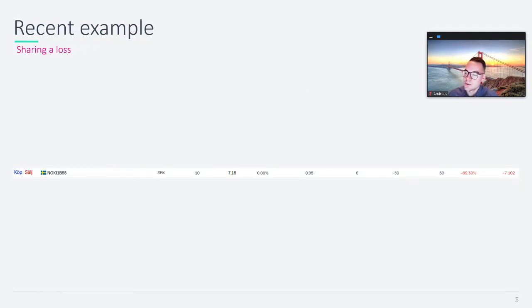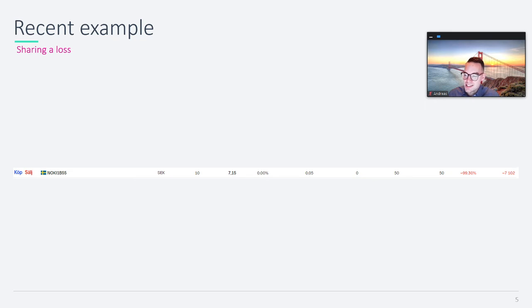This is Nokia calls. I don't trade options very often when it comes to buying puts and calls and doing this type of speculative gambling. But I thought I should share one of the losses here as well, since all of the stocks I've been talking about has been going very good, and well, I lose money too, so that's that.